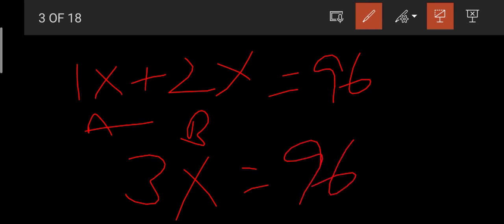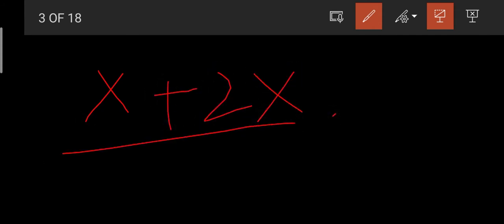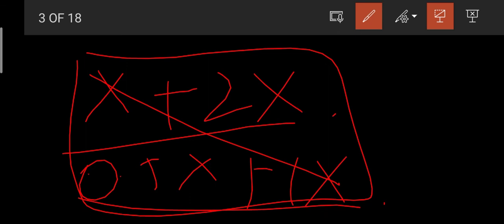Then what will be your x value? It is just 32. We got it very simply within 3 steps, but previously we took many steps, isn't that so? Don't go for decimals when you can take normal values like 1x plus 2x. Don't go for 0.5x plus 1x. Observe this clearly. This is a very important model.